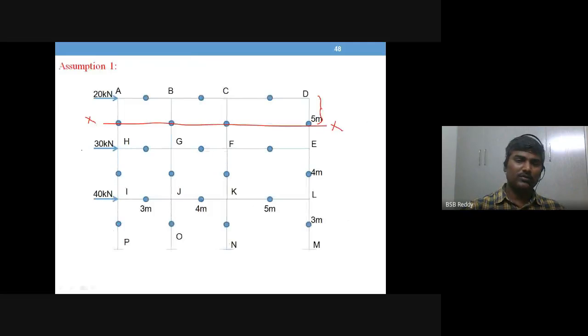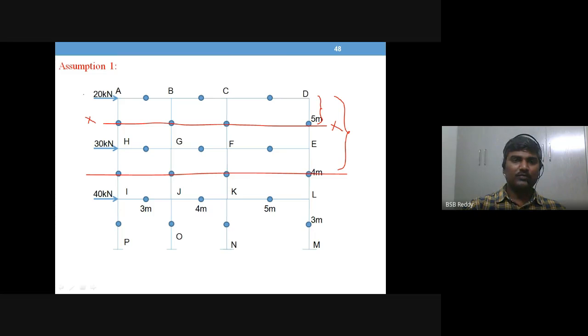Right. So now you pass a section through this story number 2, story number 1, story number 2, and take this part free body diagram. Okay, got it?